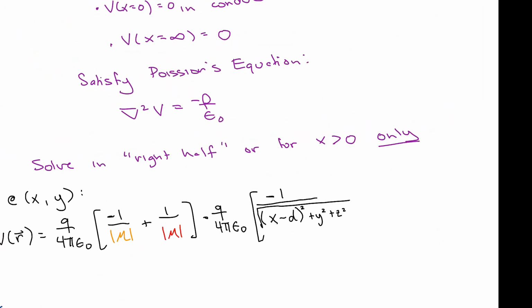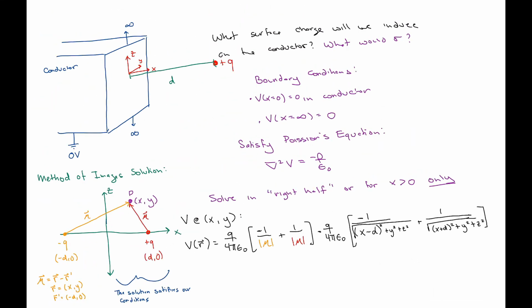Okay, and my positive charge is going to give me a separation vector of the square root of x plus d squared plus y squared plus z squared. Okay, so this right here is what I get for the potential anywhere in space. I can pick anywhere in space up here, and I've just solved for the potential, okay?